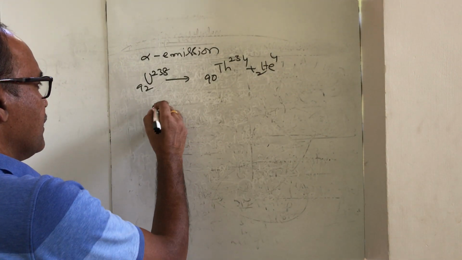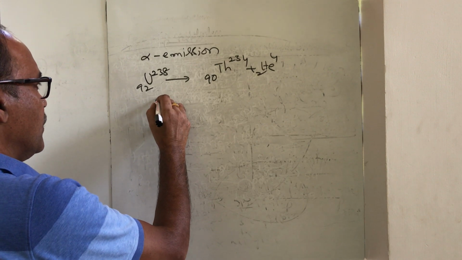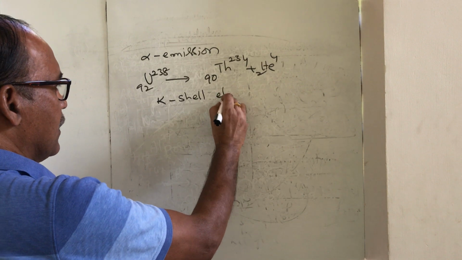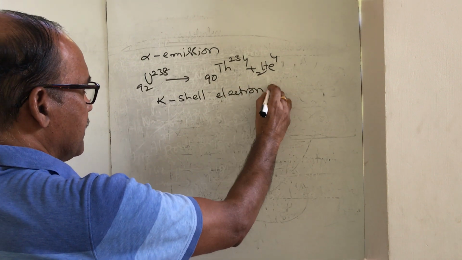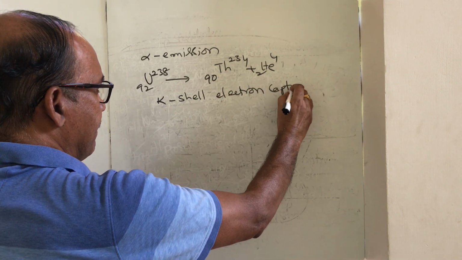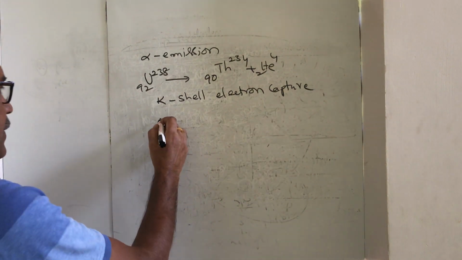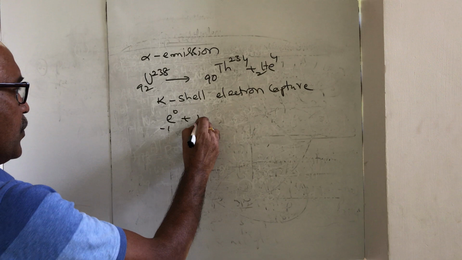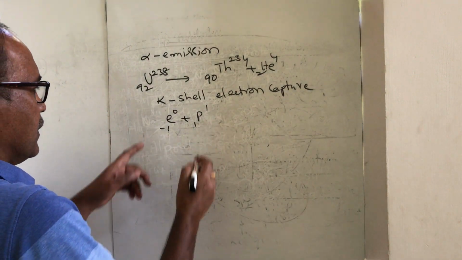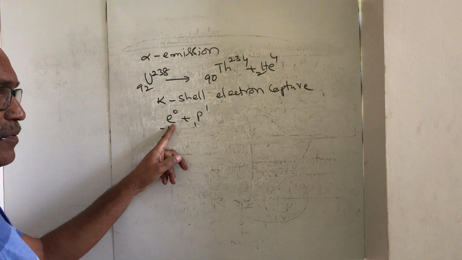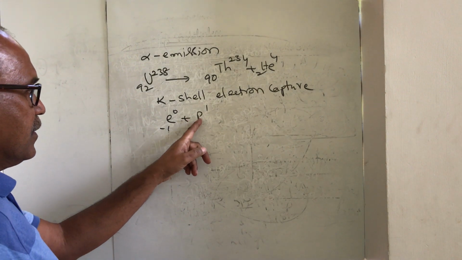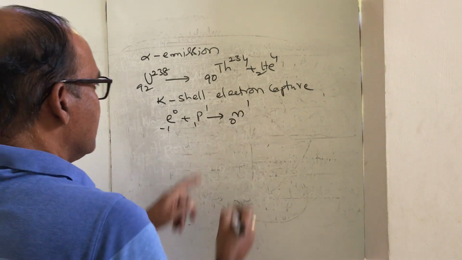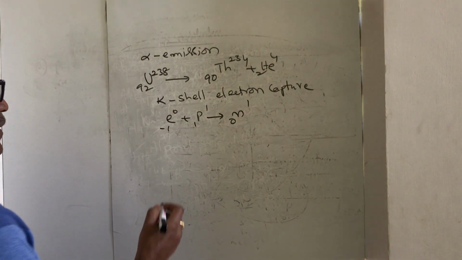And a very rare thing is the K-shell electron capture. Here the electron present in the K-shell, the first shell, combines with a proton within the nucleus, resulting in a neutron.